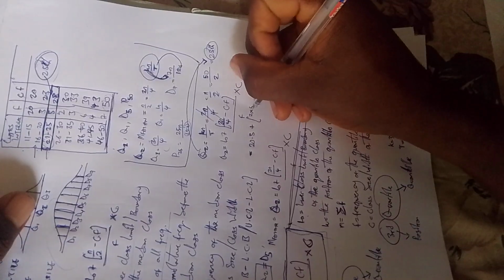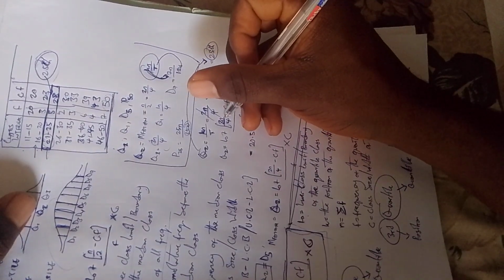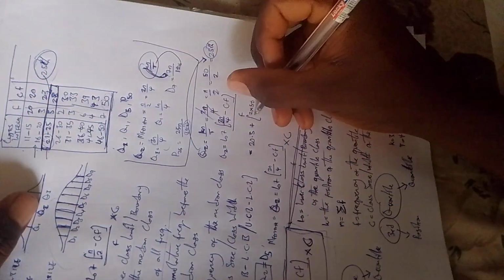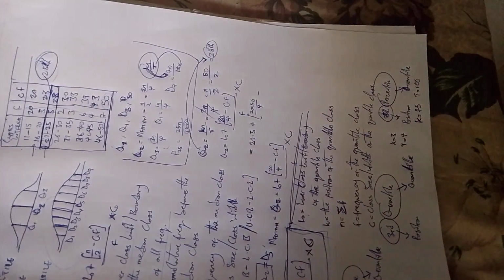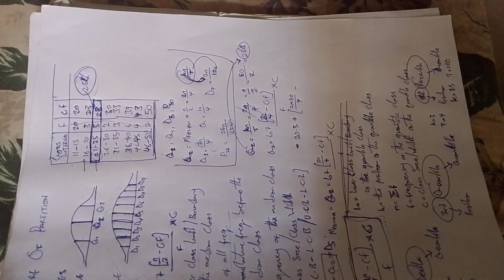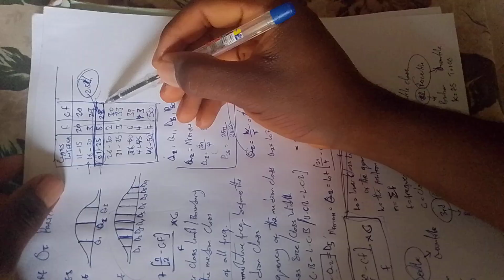2 times 50. Remember that my n is the sum of all my frequencies. If I add up everything, over 4, minus CF. Now I said your CF is the cumulative frequency before the quantile class. So in this case, my CF will be the cumulative frequency before the second quartile class. This is my second quartile class, right?